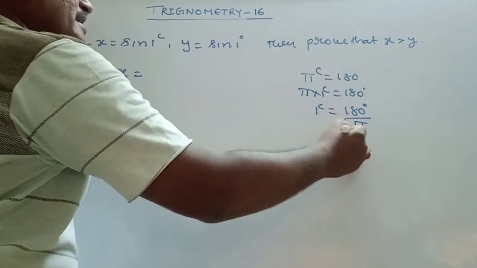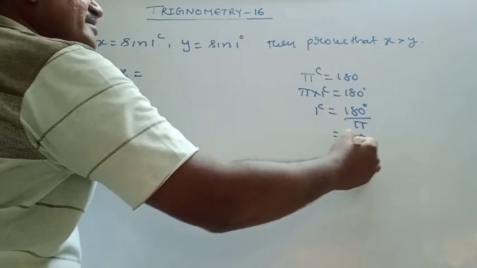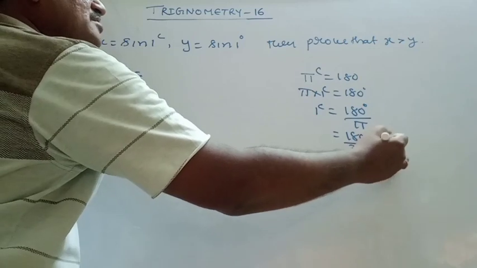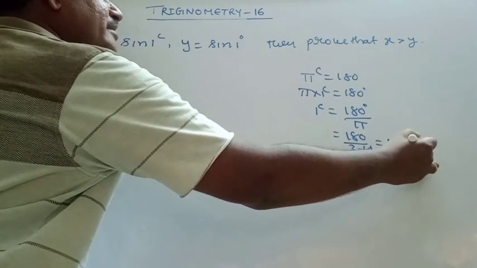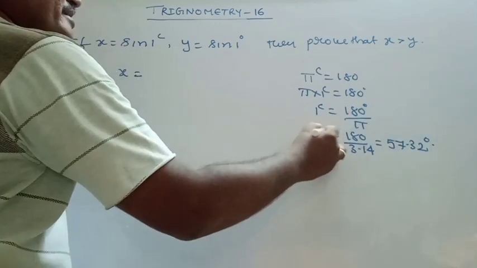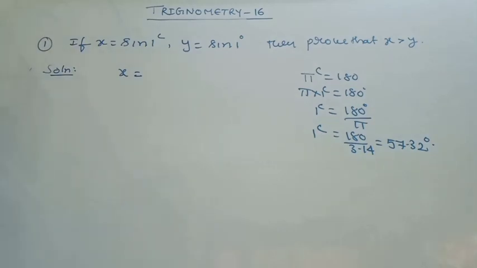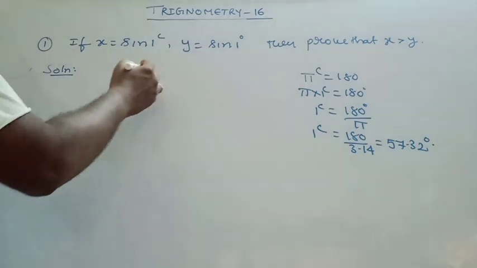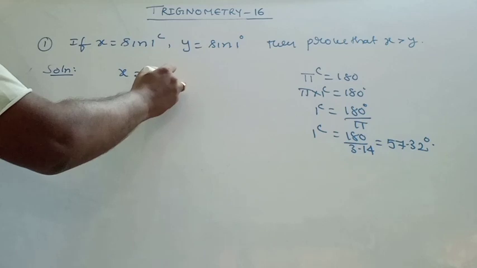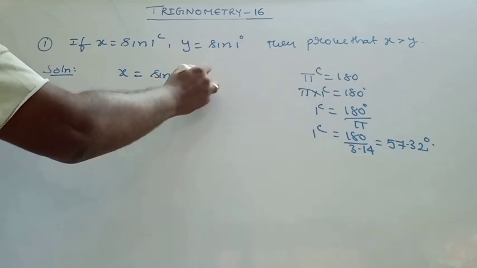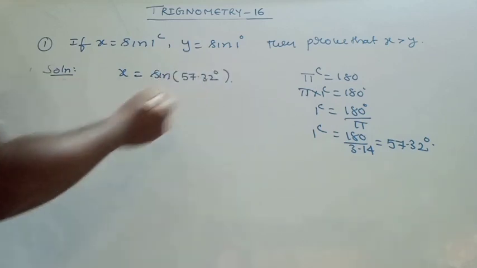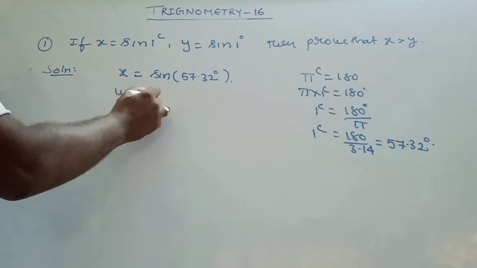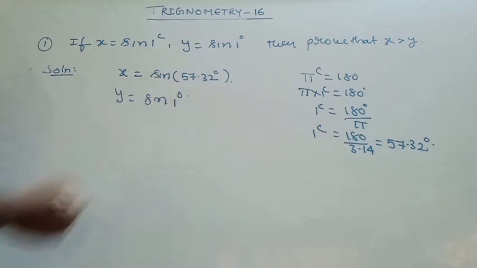The value of pi is 22 by 7, that is 3.14. This value is something like 57.32 degrees. So 1 radian equals 57.32 degrees. That means x is equal to sine 57.32 degrees, and y is equal to sine 1 degree.